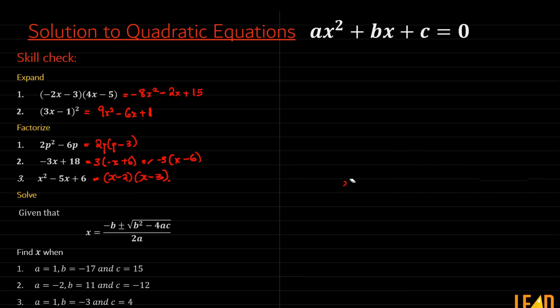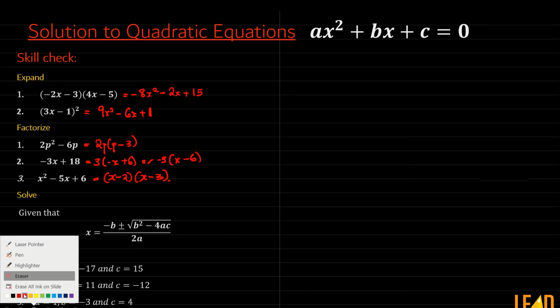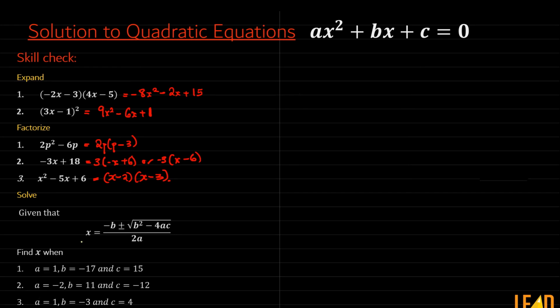Finally, we have to substitute values into these very weird numbers to find the value of x. Okay, so given that this is that, we should find the value of x when, okay, so let's go.